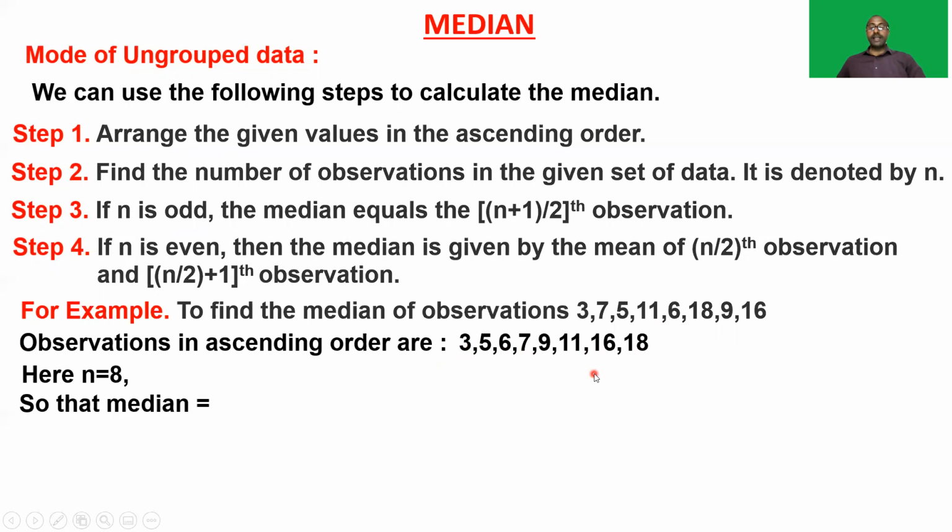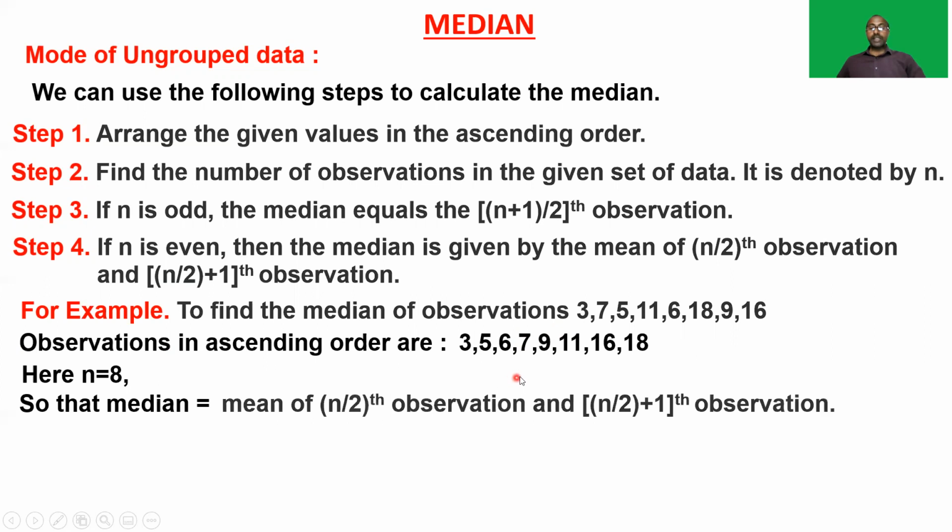So the median of given observations is the mean of middle values. Here, 7 and 9 are middle values. That is n by 2th observation and n by 2 plus 1th observation.